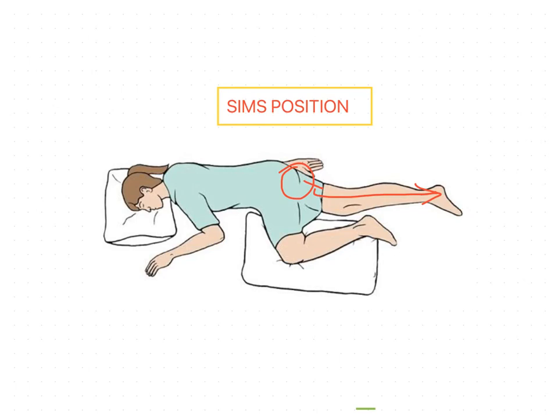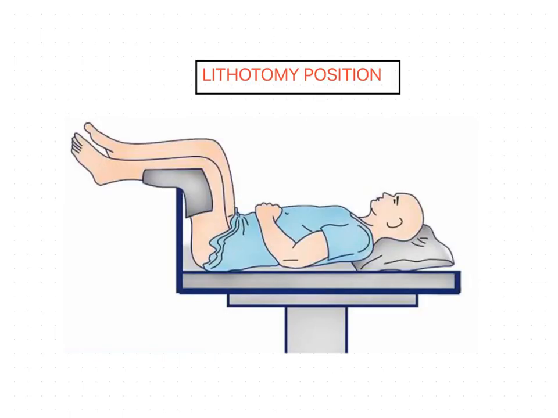And we will move on to the next position called the lithotomy position. It is lying on the back. Here you can see the position where the patient is lying on the back with knees bent and thighs apart. Normally in this position the thighs are somewhat apart.